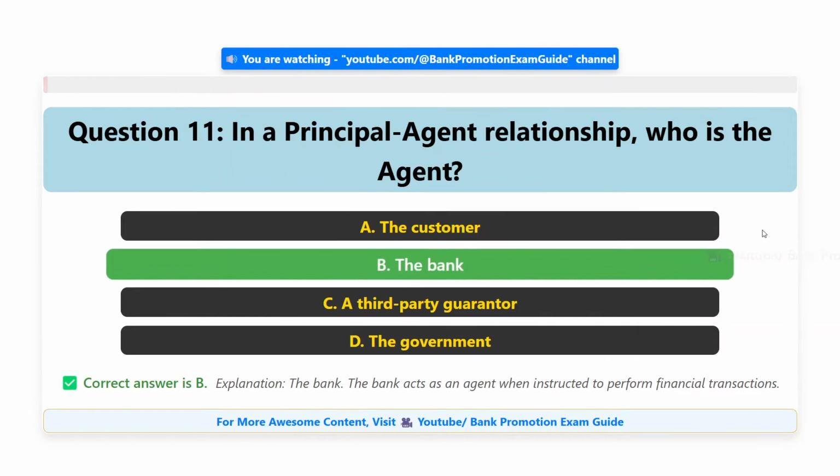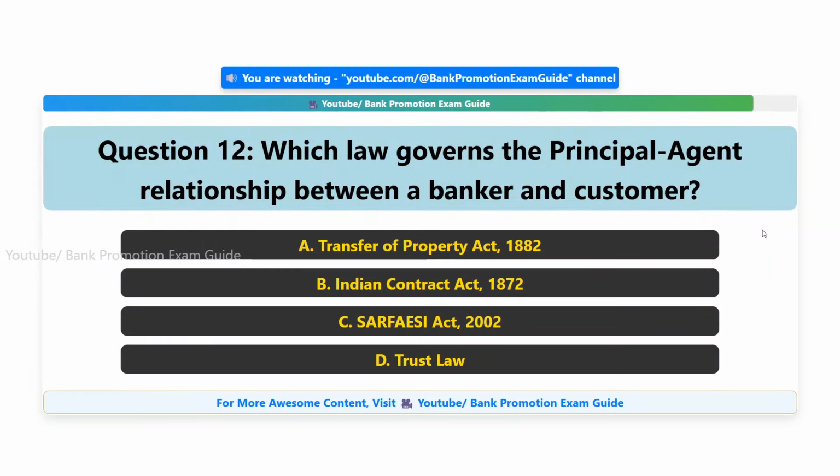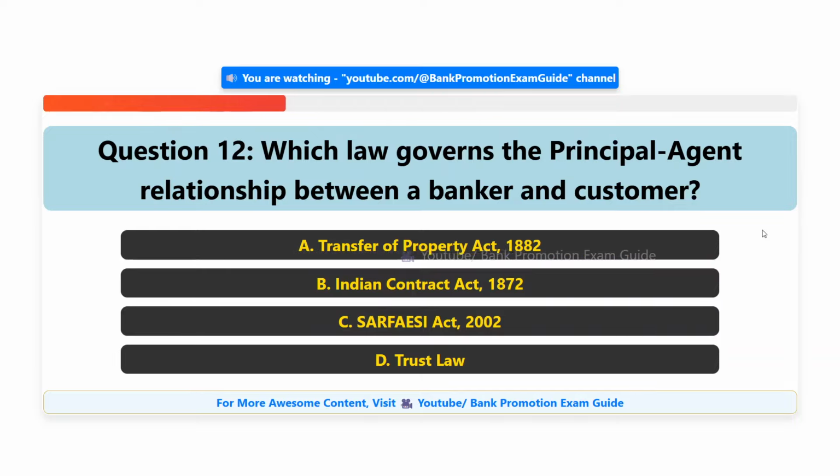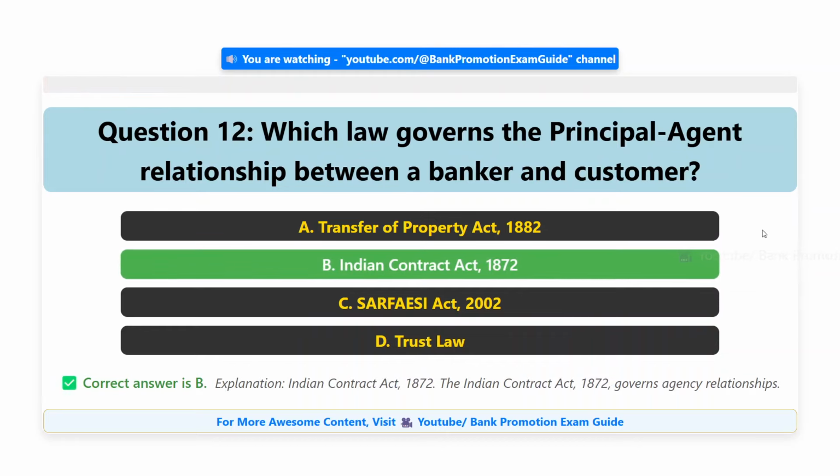The bank. The bank acts as an agent when instructed to perform financial transactions. Question 12. Which law governs the principal-agent relationship between a banker and customer? Indian Contract Act, 1872. The Indian Contract Act, 1872, governs agency relationships.